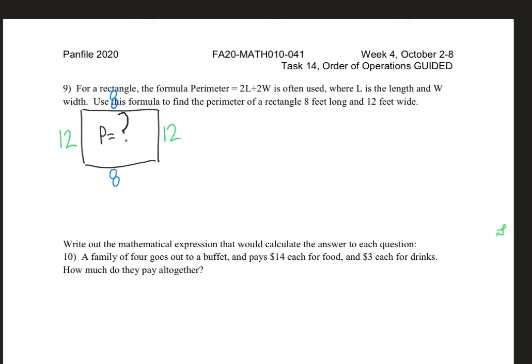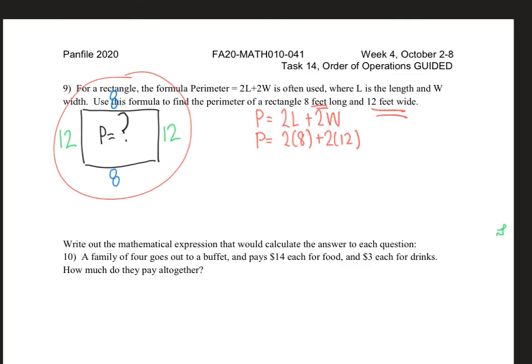I do like drawing a picture always, and we have a formula. P equals 2L plus 2W. I'm going to plug in. So I have P equals 2 times 8 plus 2 times 12. Where did I get those? Well, I had here and here, also from my picture.